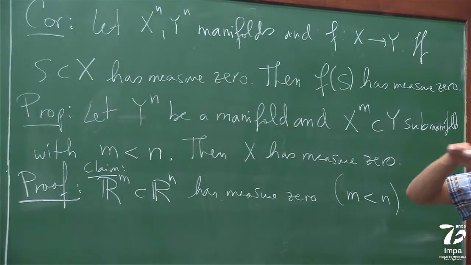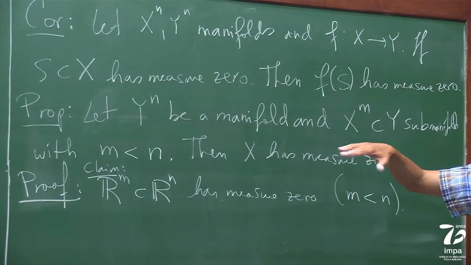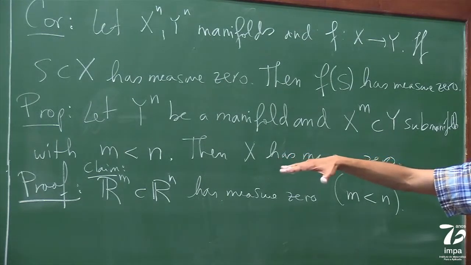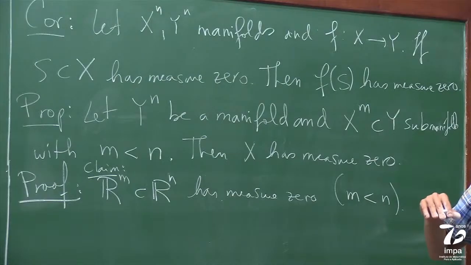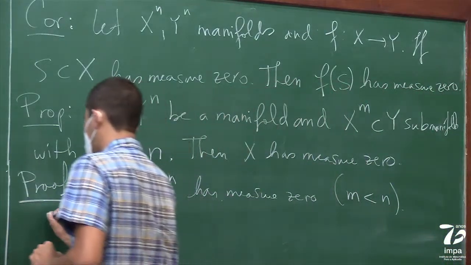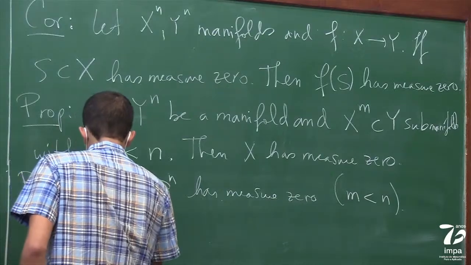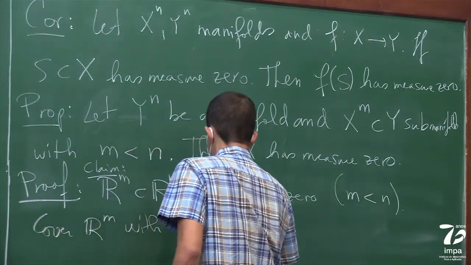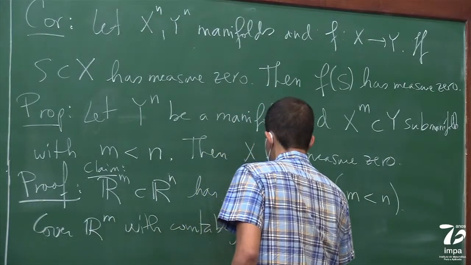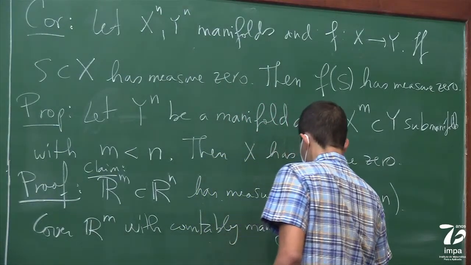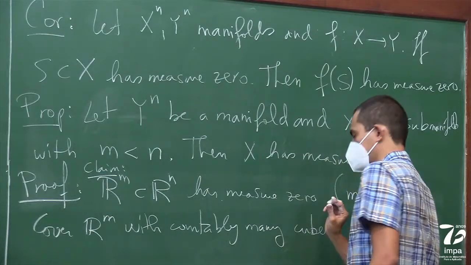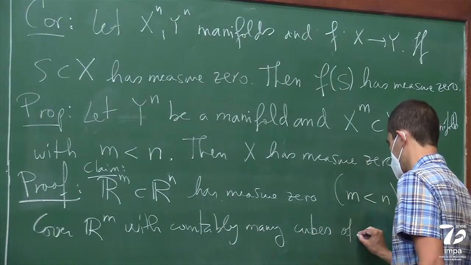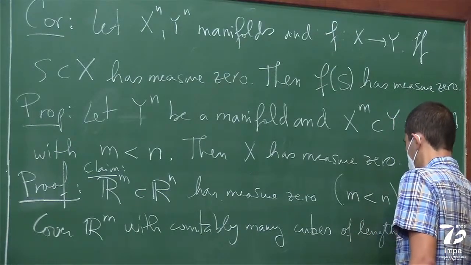So first of all, you can cover Rm with a countable collection of cubes. So you can cover Rm with countably many compact cubes, of length, say, b.